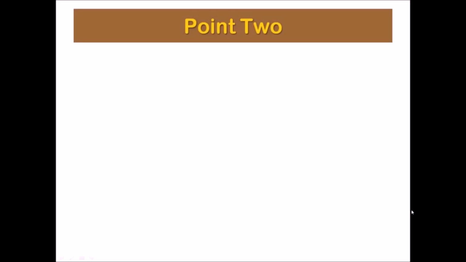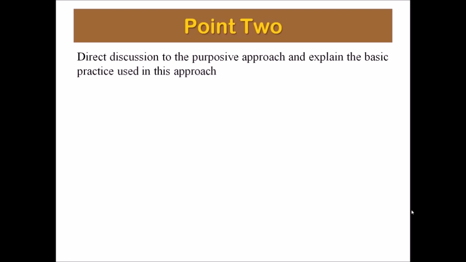Now that we have addressed the first part of the essay in detail, we will move on to point 2 of the content. Here, we will define and discuss the purposive approach in detail by explaining that the practice of this approach is more concerned with the purpose of a particular statute enacted by Parliament than what the statute actually says.